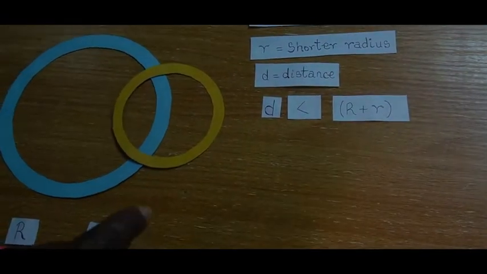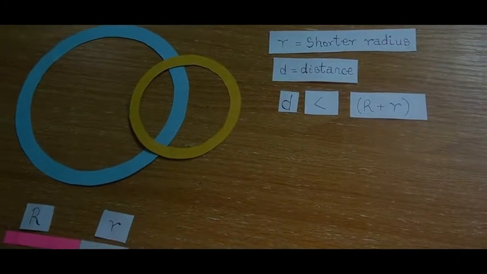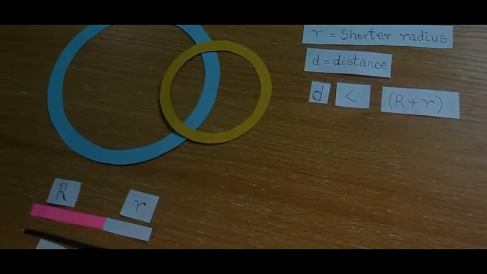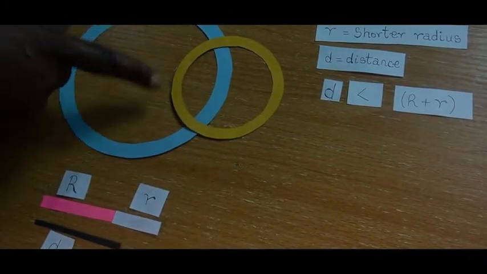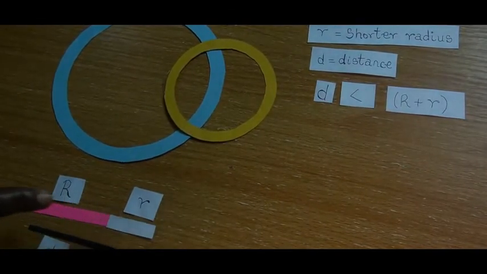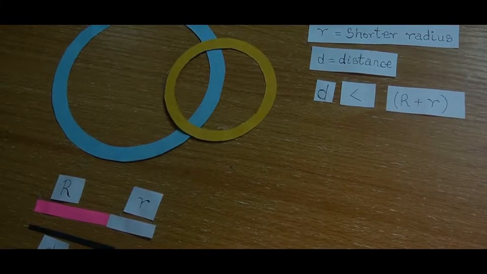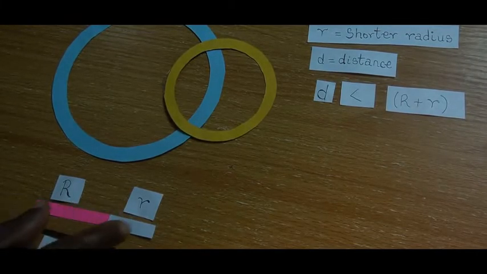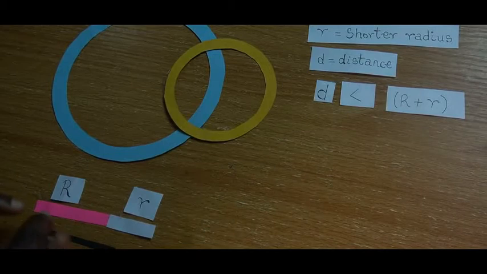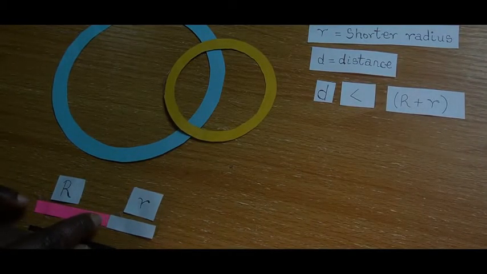Now suppose I make the sum of the radii my first term of comparison. When the circles are secant, is the sum of the radii greater than, less than, or equal to the distance? Look at the sum of the radii. That's these two strips together. This is the radius of the bigger circle.